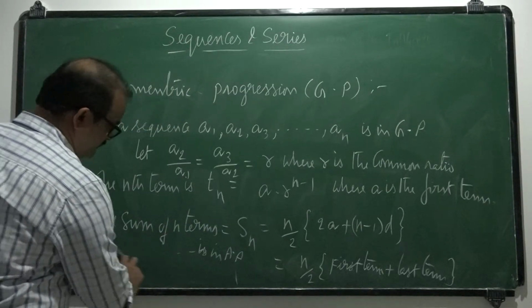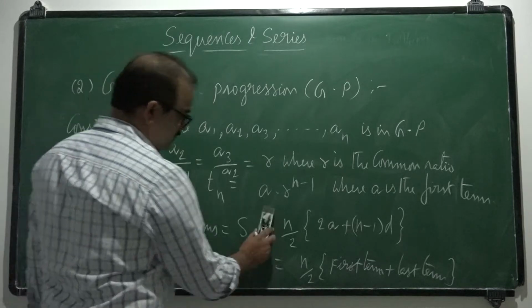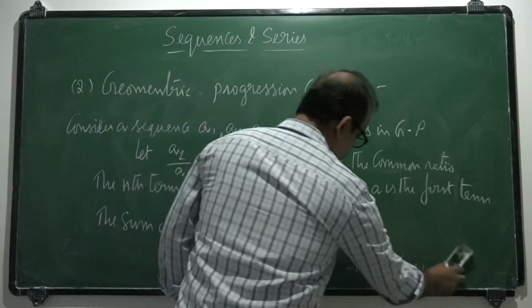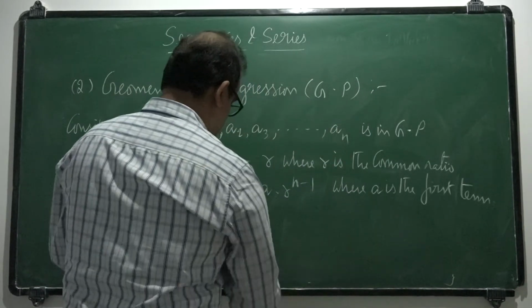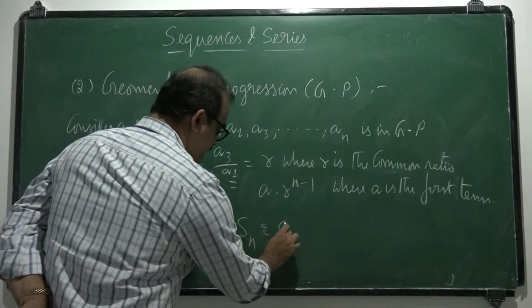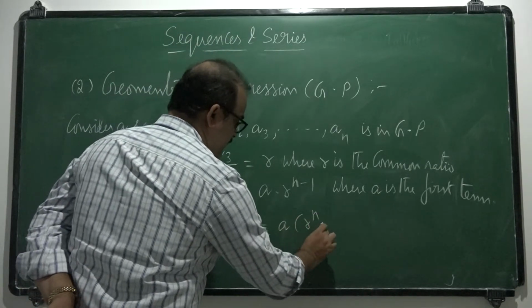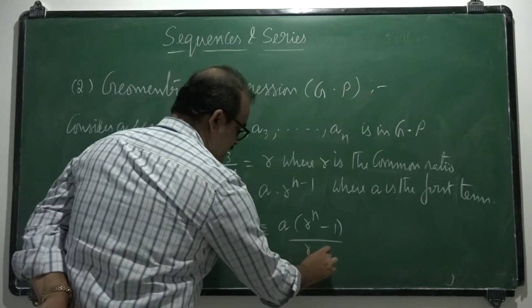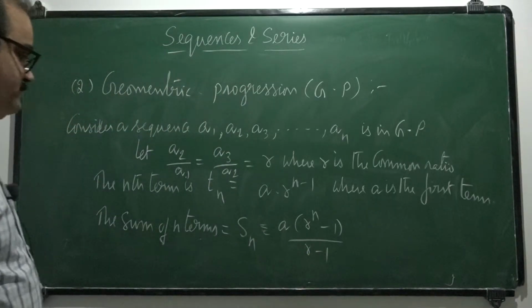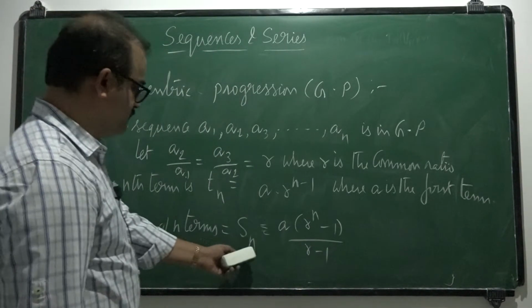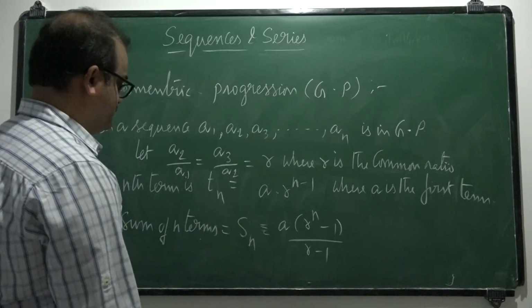Now, sum of the n terms, Sn is equal to A into R power n minus 1 by R minus 1. This is the formula to find sum of n terms.